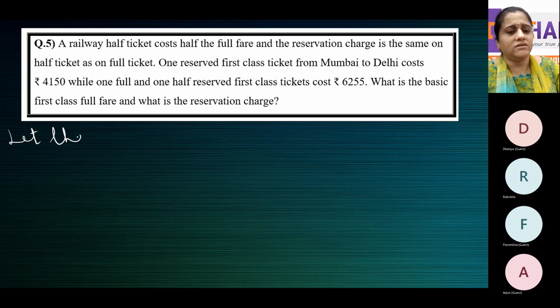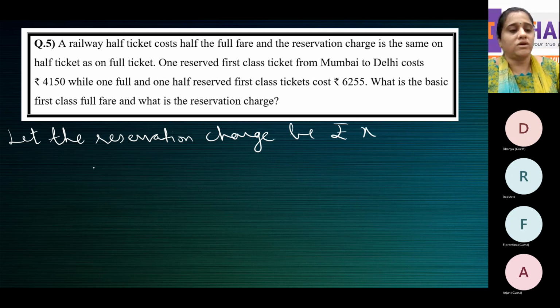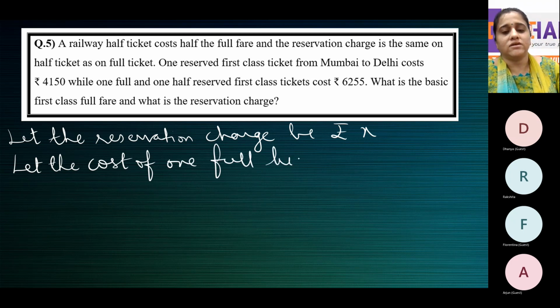So you can say let the reservation charge be rupees X. Let the cost of one full ticket be rupees Y.